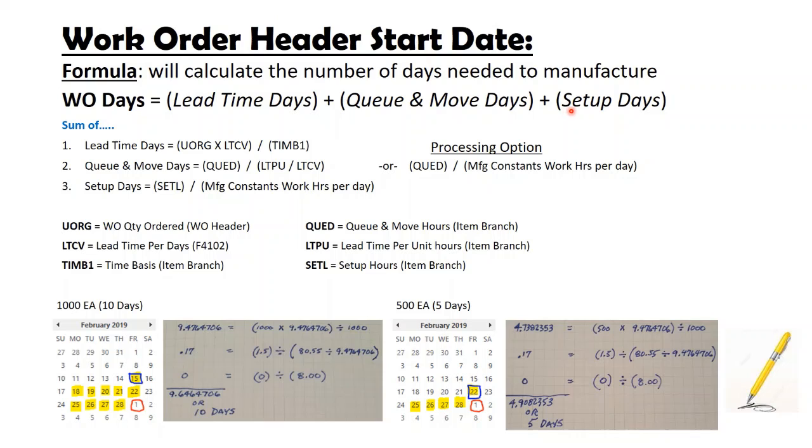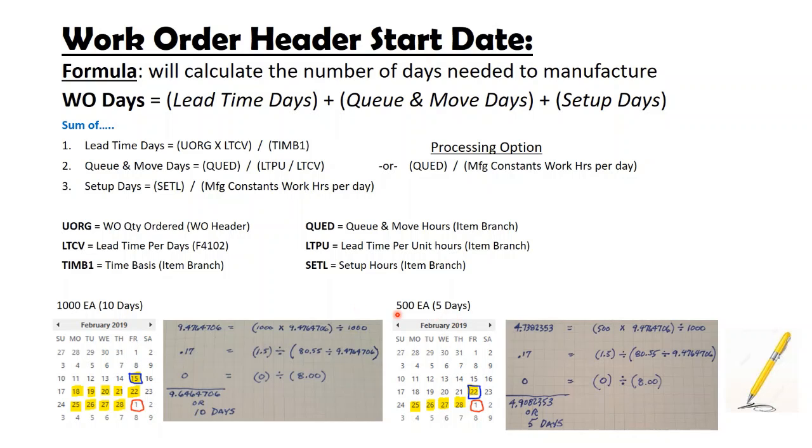Then setup hours, which was 0, is always divided by the manufacturing constant's work hours per day. So adding up all of these, I get it takes 9.6464706 days to make 1,000. Round up, that's 10 days.